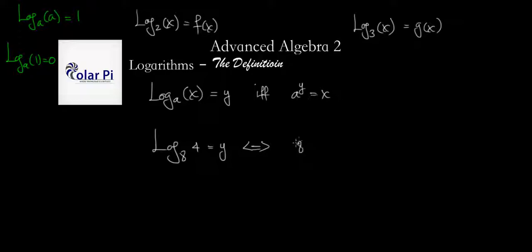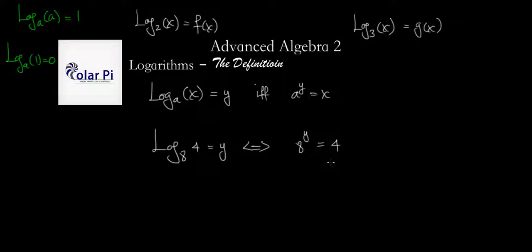So we write that 8 to the y is equal to 4. It's not clear how to write 4 as a power of 8, and we can't write 4 as 8 to an integer power.